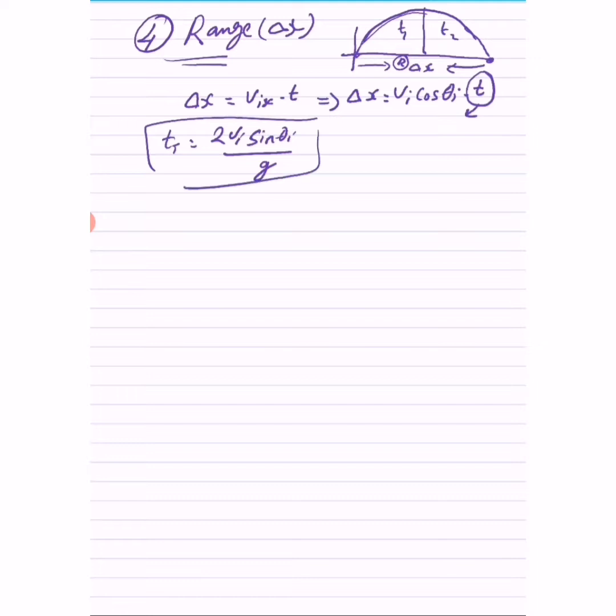So just replace the t with this equation, and replace delta x with R as the range.